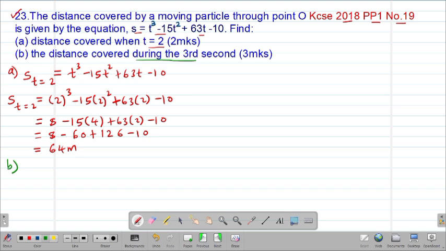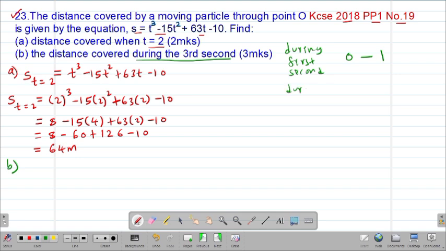Then we look at part B of the question, whereby we are told to find the distance covered during the 3rd second. Now, a point to note here is that during the 3rd second simply means you take the second up to the 3rd second. Remember, during the first second simply means the period from 0 seconds up to 1 second.